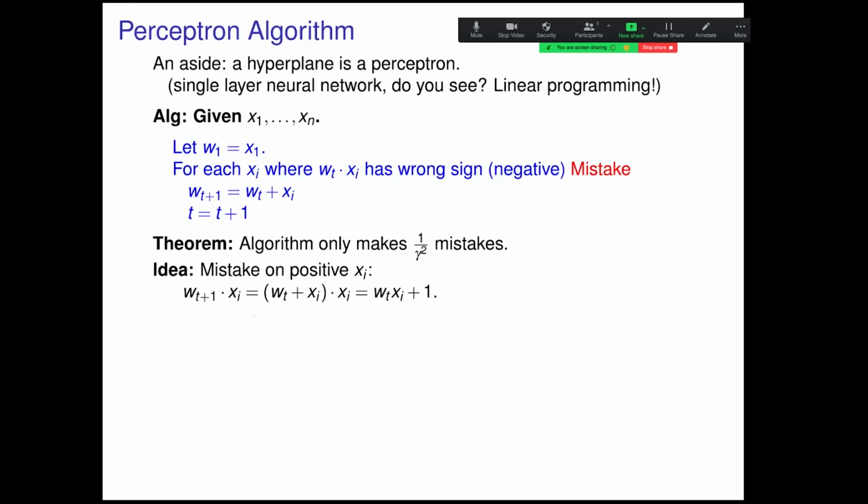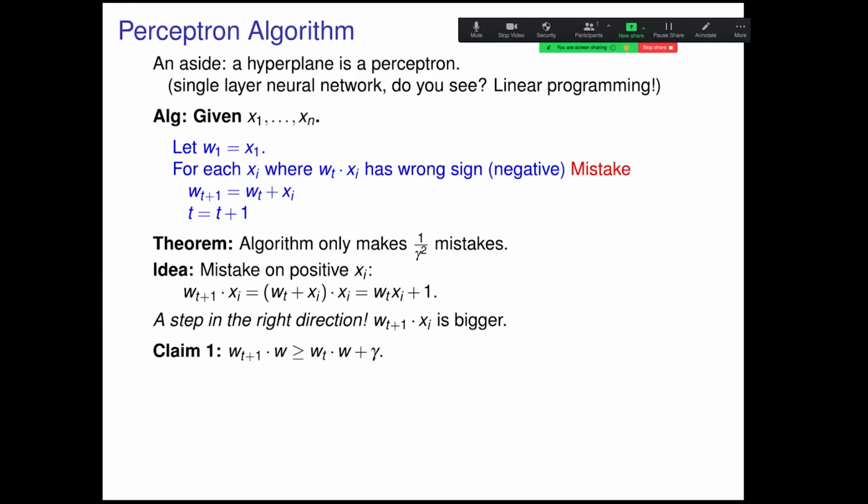What we really want this new hyperplane to do is, this is a step in the right direction, sort of. At least it's good for xi. It may not be good for anybody else. But what we really want is for it to be good with respect to w, I should have said this. w is the optimal solution, the correct hyperplane.